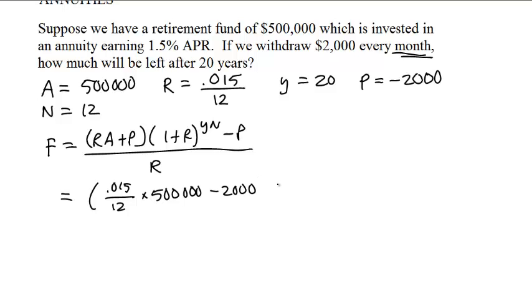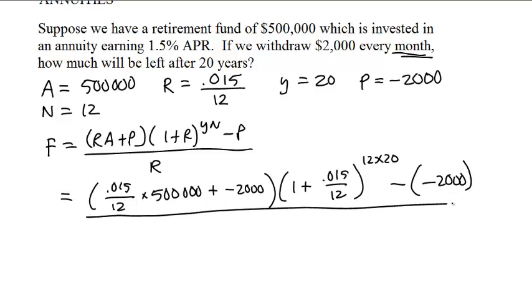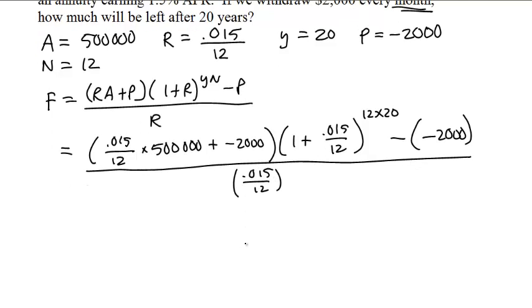Should I write that as plus negative 2,000? I will, fine. Plus negative 2,000 times (1 plus 0.015 over 12) to the 12 times 20, yn, minus negative 2,000, all over 0.015 over 12.